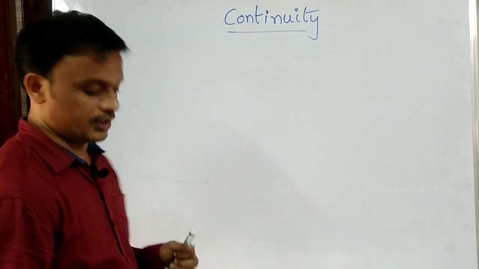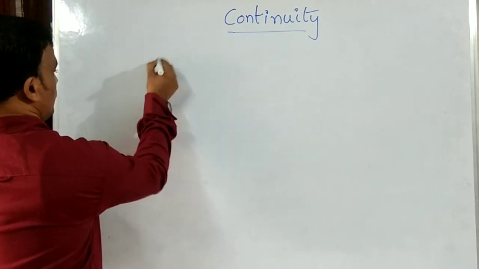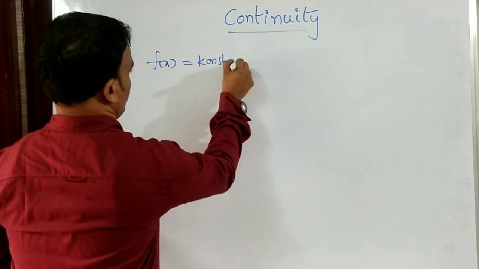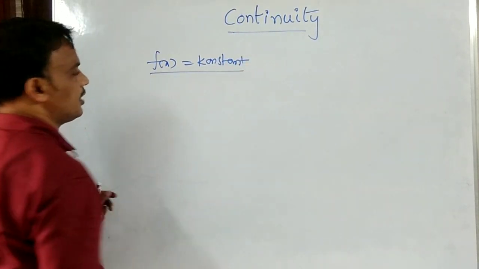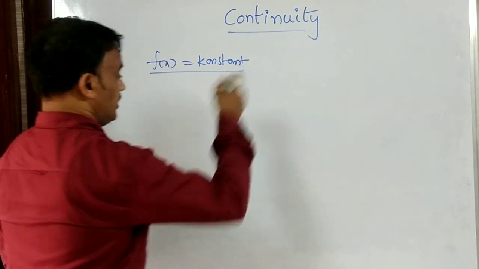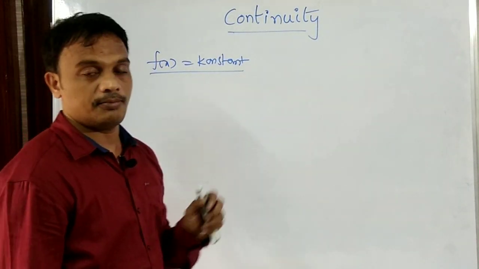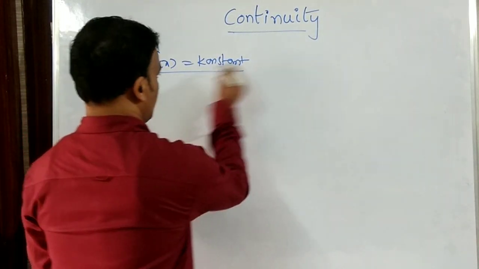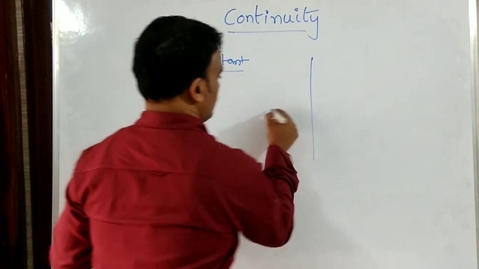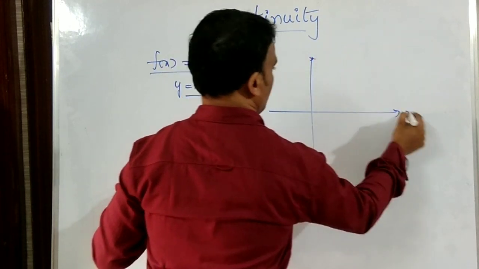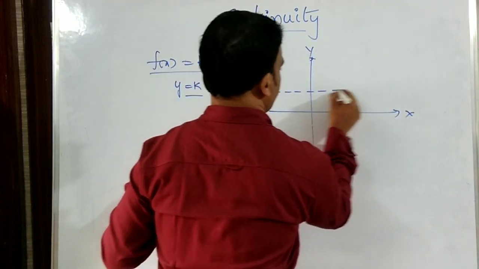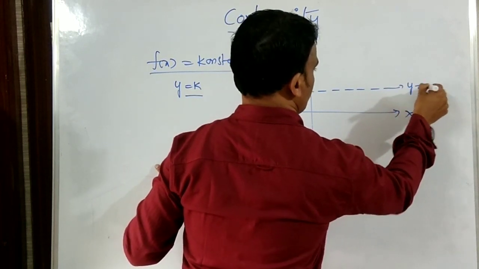Which are continuous functions? The function f of x equals a constant, that is y equals a constant, is always a continuous function. I will explain this graphically. Taking the graph, y equals k is a line parallel to the x-axis.